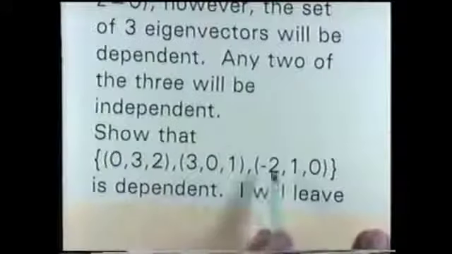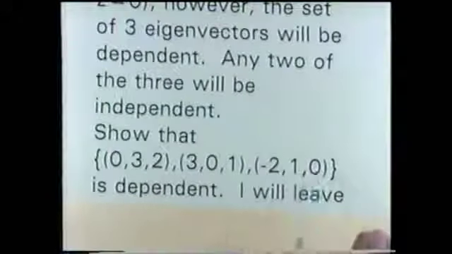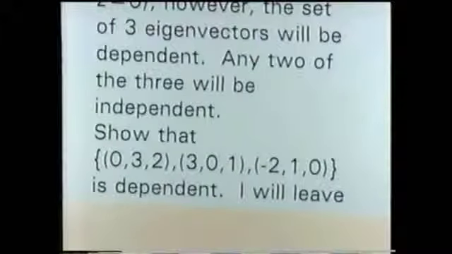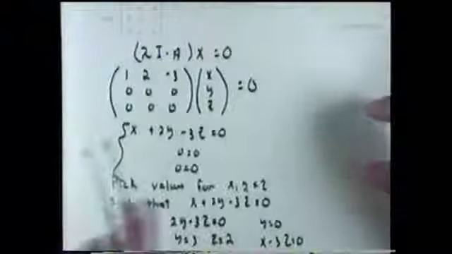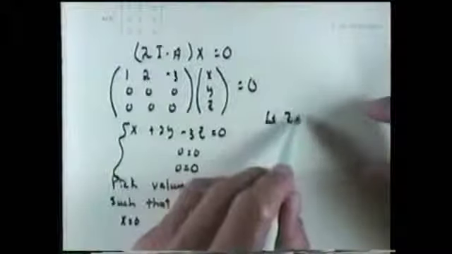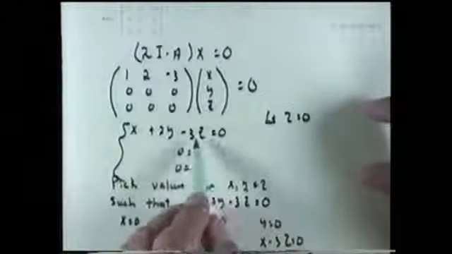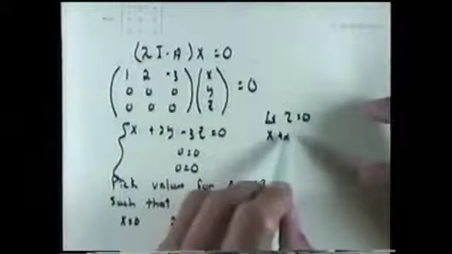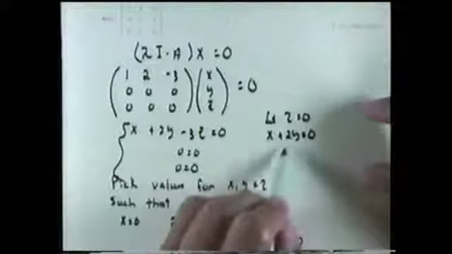Well, you might be saying, where did you get (-2, 1, 0)? I'm glad you asked that, because let's go back to here and let z equal 0. With z equal to 0, that means x plus 2y is equal to 0.